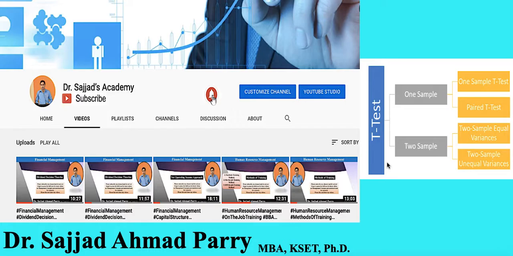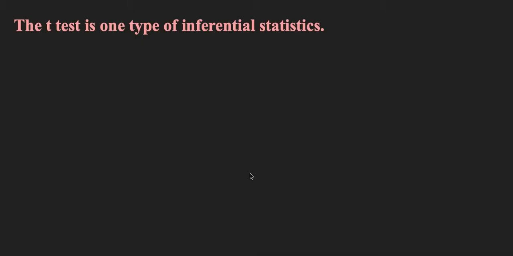We'll discuss it thoroughly. Now the t-test is one type of inferential statistics tool. So what is inferential statistics? Inferential statistics takes data from a sample and makes inferences about the larger population from which the sample was drawn.